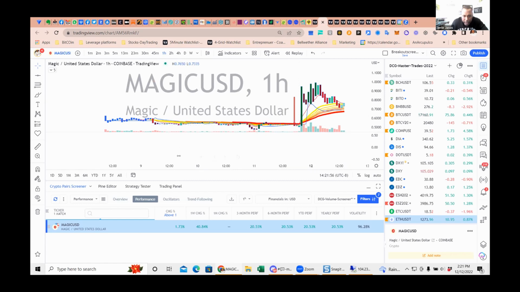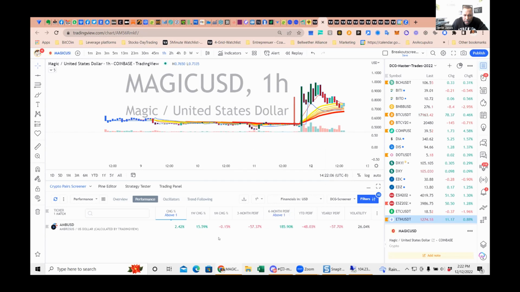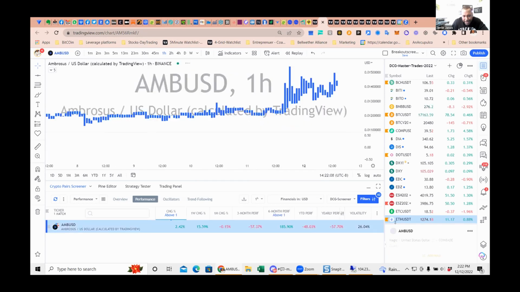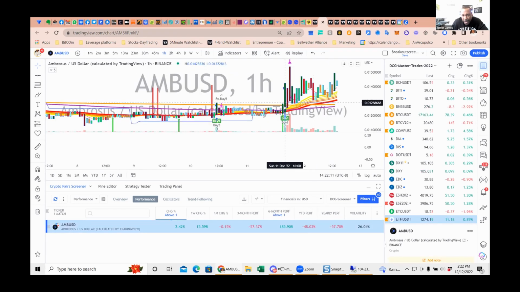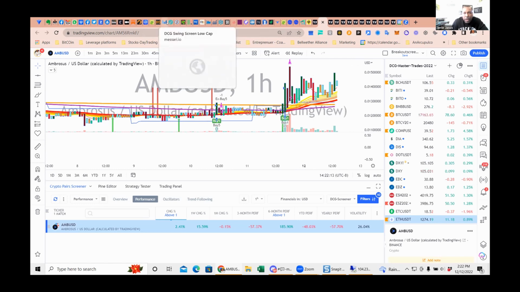And then on the crypto screener, AMB, same thing. I'll look for more established coins because of this market. I look for the more established ones on the screener.